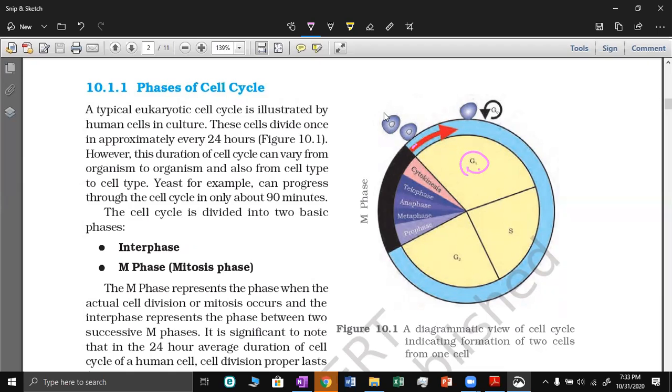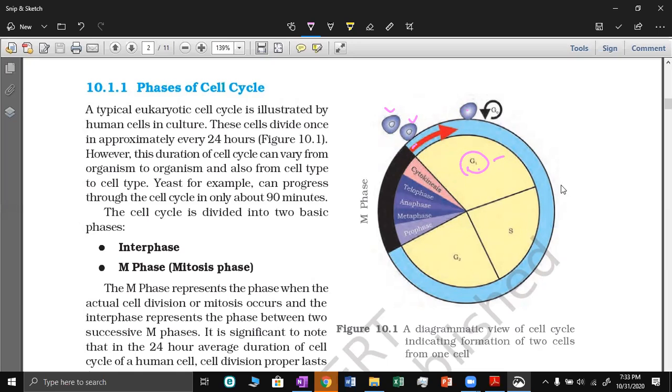Here these two are the young cells which have been formed by the mitosis, the previous division. After that one cell has been taken and this cell is growing. So this is the G1 phase.